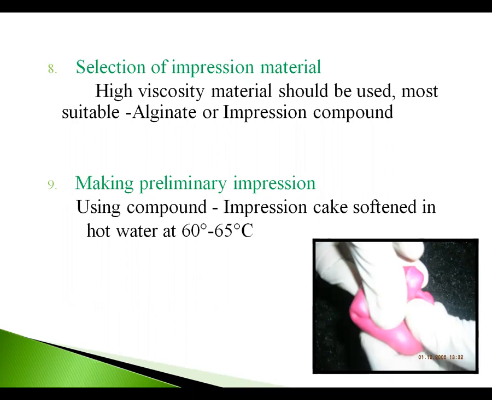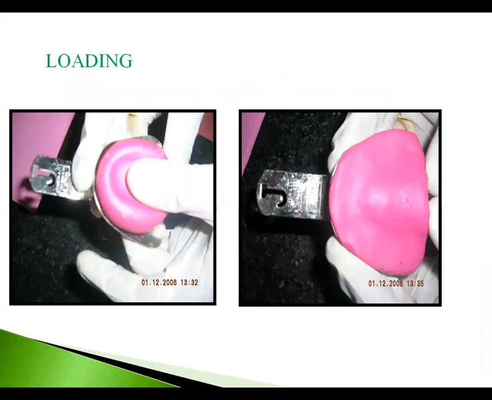Then make the preliminary impression using compound impression cake softened in hot water at 60 to 65 degrees Celsius. Then loading: as we have taken the demonstration of the impression compound a few days back, for your batch we will repeat that demonstration of the impression compound.